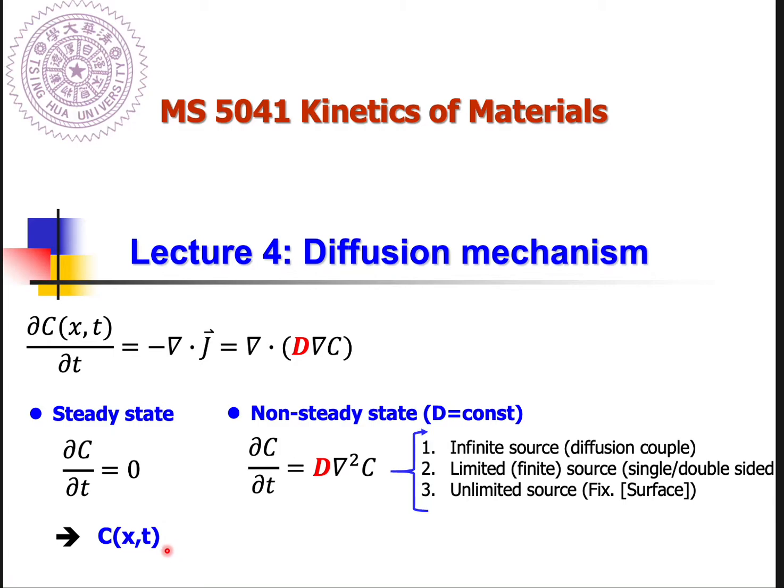Then you have a chance to estimate the diffusivity of your materials. As you know, each material has its own diffusivity. So what's the physical meaning of diffusivity, or what's the relationship between the diffusivity and your materials?